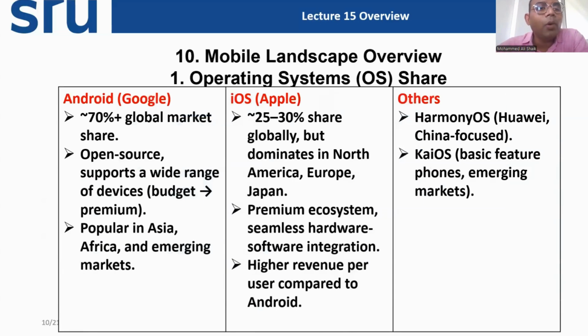Mobile landscape overview. When we deal with operating systems, which are shared, we have Android, iOS, and others, like KaiOS, Harmony OS, etc. Many OSs are there. I'm just taking limited ones. The main purpose of this particular slide is to understand the business ecosystem around app development. When we look at market share, Android versus iOS dominance is there.